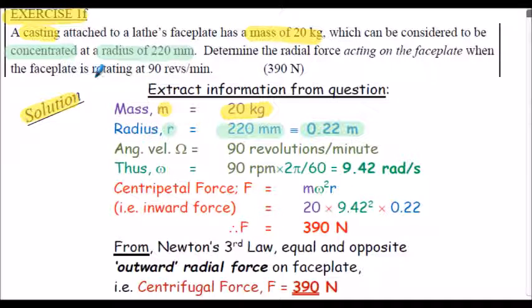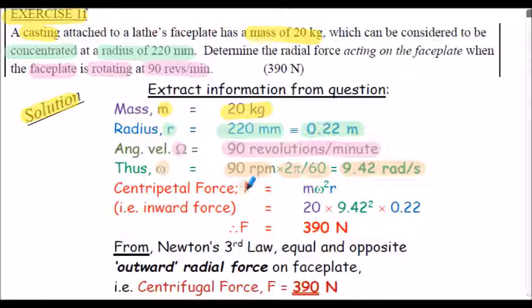And we're also informed that the faceplate is rotating at 90 revs per minute, so my omega here, 90 revolutions per minute. Notice I've converted that into radians per second, so 90 RPM multiplied by 2 pi divided by 60 is 9.42 radians per second.